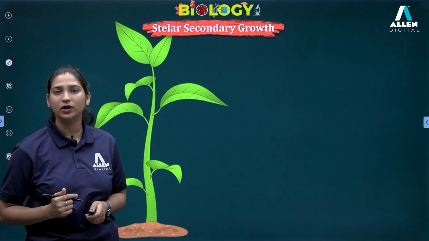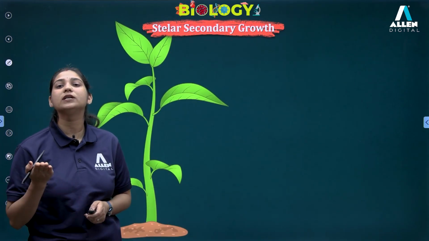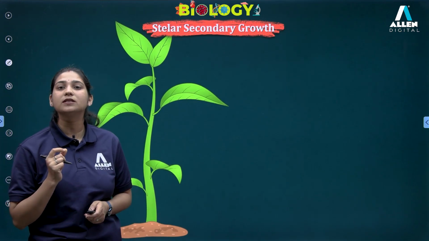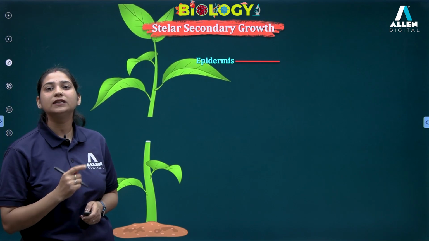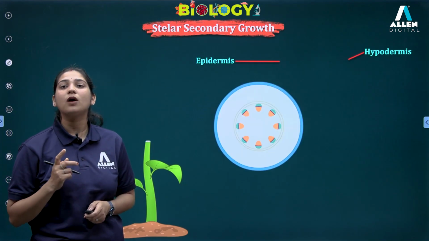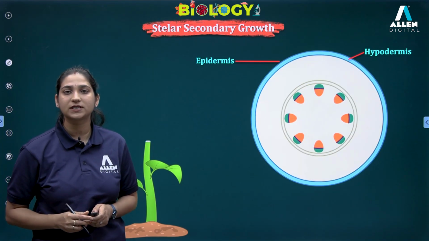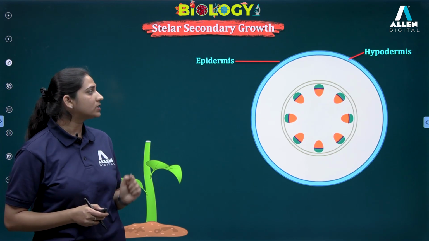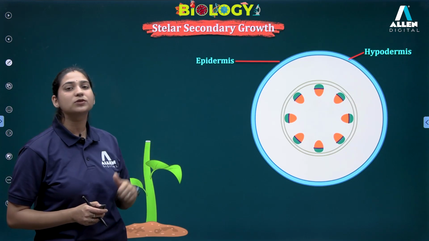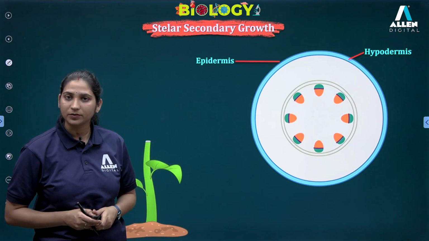This is a plant body. We have taken a horizontal section, the transverse section of the plant. We cut it and study the horizontal section, observing different layers of cells in the dicot stem anatomy. The outermost layer of cells is the epidermis.